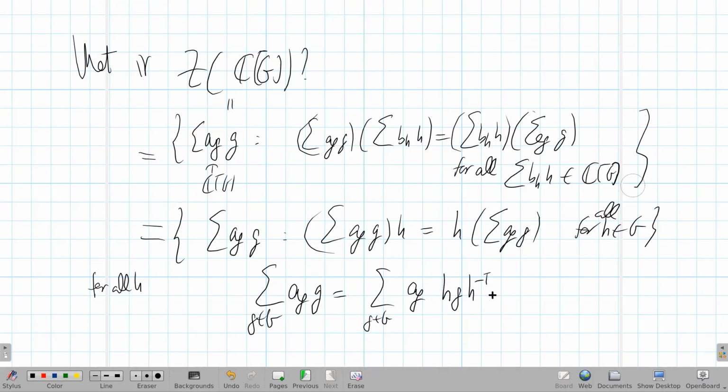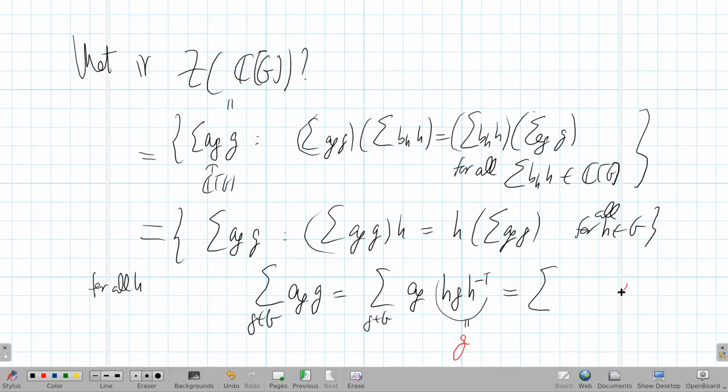So this is the conjugate by h. But of course, this is not written in the same way because it's not written with respect to the same basis. So let's do a change of summation index. We take this to be g. I write it as a red g to avoid confusion.